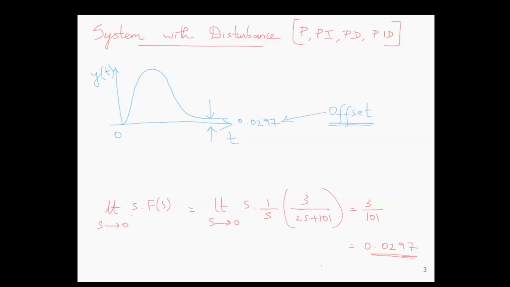Now we will move on to the PI controller, where we can eliminate this offset. We will see how to derive the equation and how to check the steady state value so that the PI controller eliminates this offset and settles perfectly at the y of t steady state value of 0.